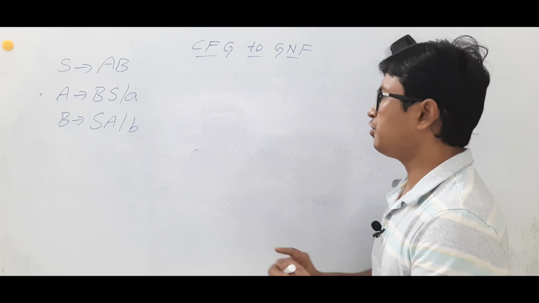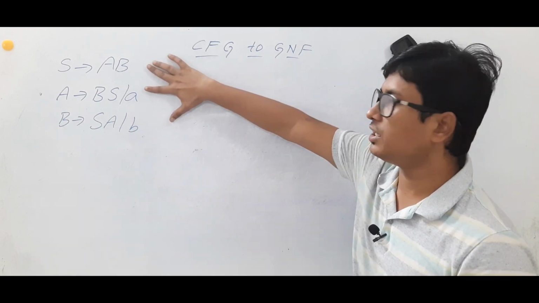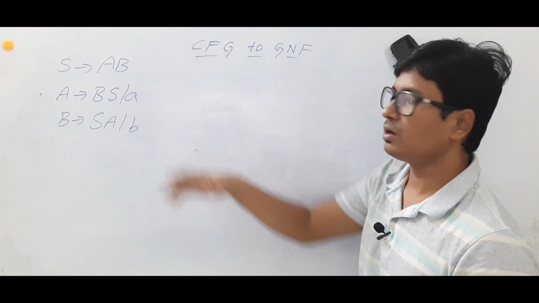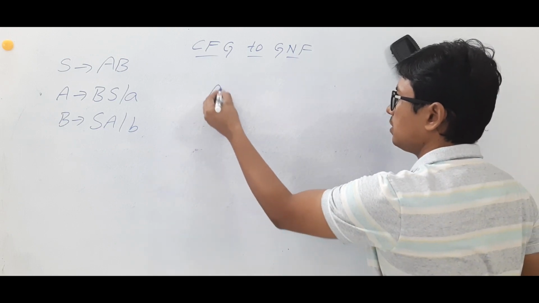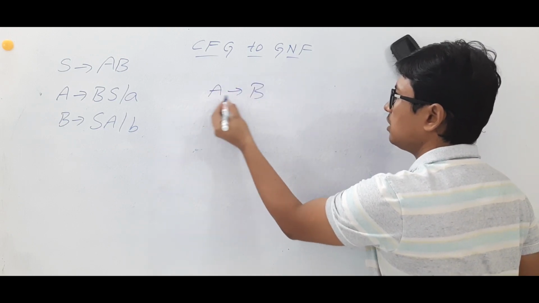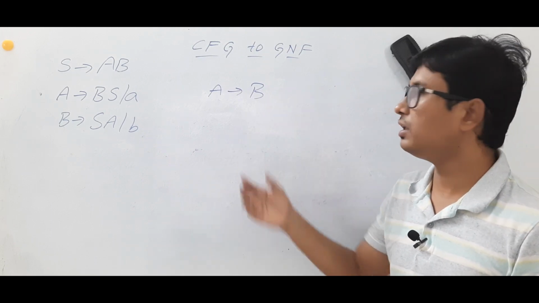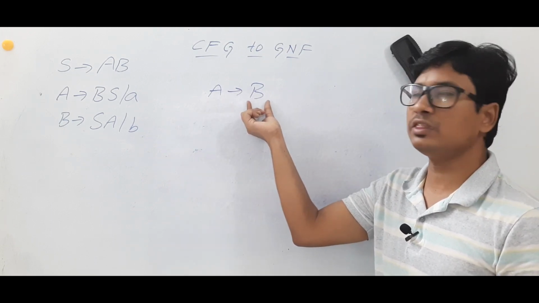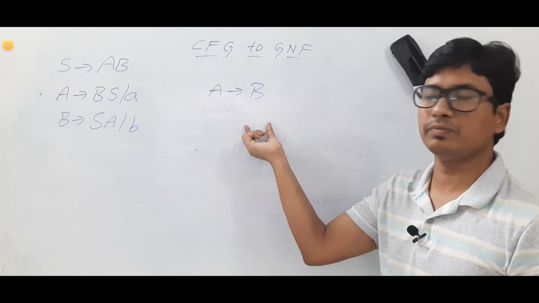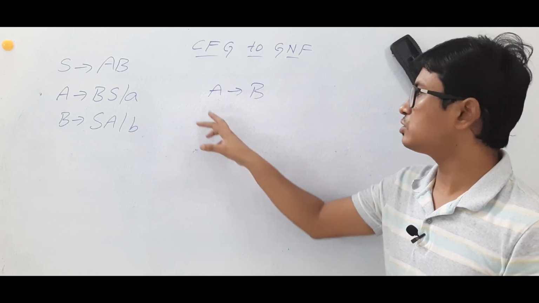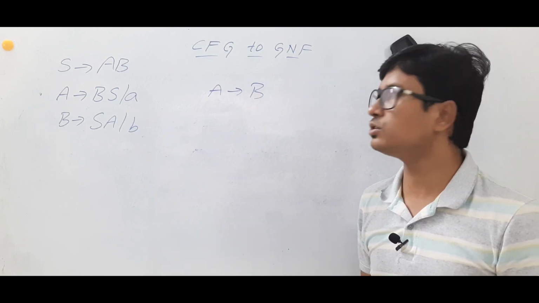So we check whether we have any unit productions. When can I say that a production is a unit production? If you have a variable A determining another variable, then the length of the right hand side is 1, because you have only one variable. Such kind of productions we will call a unit production.